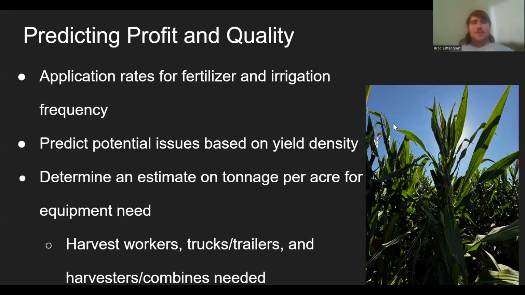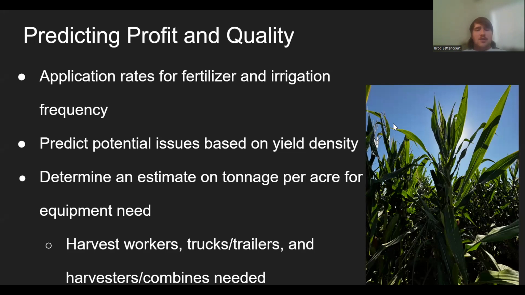Hello, everyone. My name is Brock, and I'm here to talk to you about predicting profit and other things within corn. Some reasons why we predict our harvest rates for our corn is for application of fertilizer and irrigation frequency.